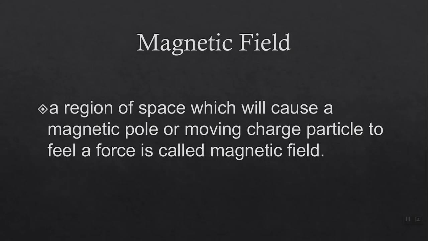That region is called a magnetic field. I hope you understood. It's a region of space which would cause a magnetic pole, that's simply a magnet, or a moving charged particle to experience a force. If something experiences a force, definitely there will be a magnetic field.